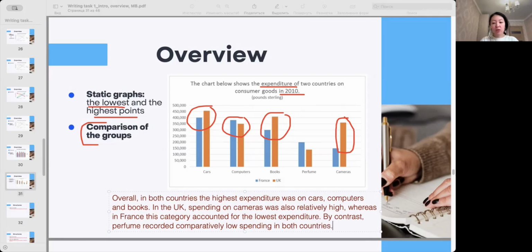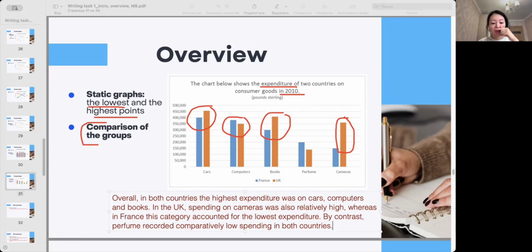If we think about some ways to paraphrase, maybe I could write something like: overall, cars, computers, and books accounted for the largest proportions of consumer spending in both countries.